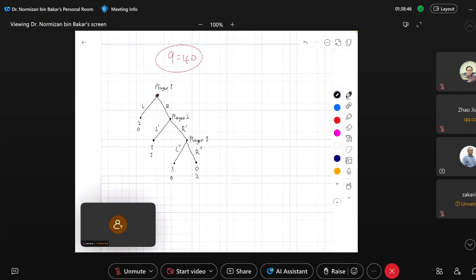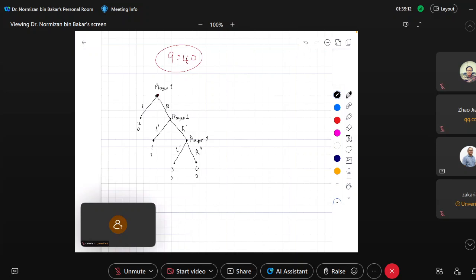And then player one will choose L, since player one has a payoff of two, better than one at L prime.